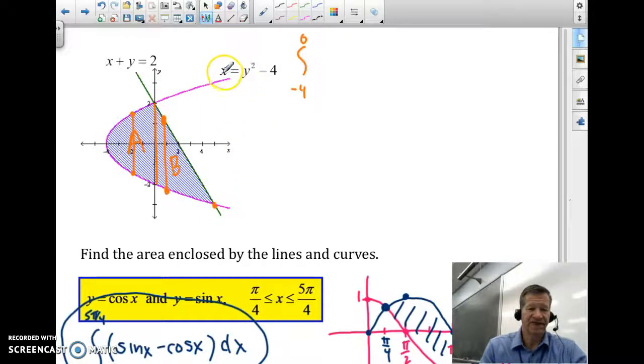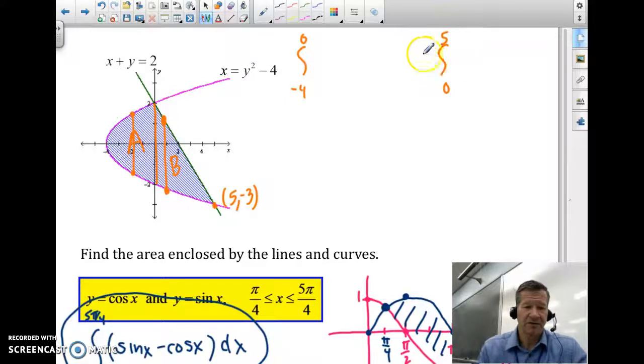If x is 5, y would have to be, I'm sorry, -3. So this is intersecting at 5, -3. So then if I go from 0 to 5, I could find region B using that little additivity there.